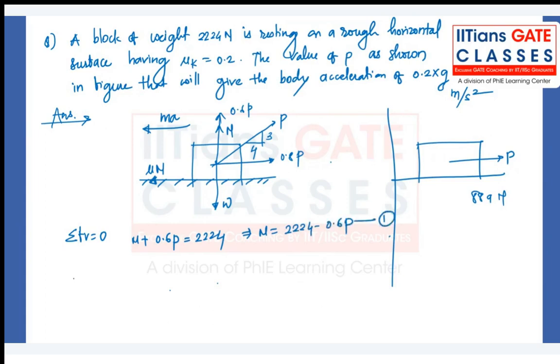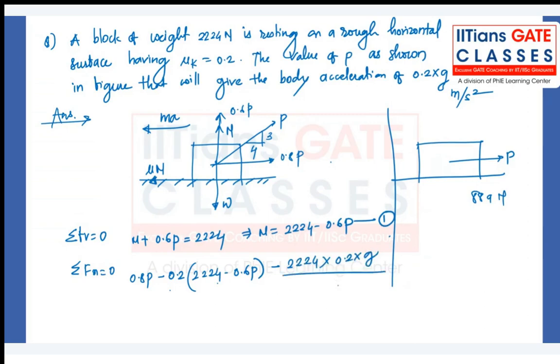Summation of all forces in the horizontal direction equals 0. If you use that, Px, that is 0.8 times P, minus mu times N, where 0.2 times N is what we just calculated, 2224 minus 0.6P, minus mass times acceleration, 2224 into 0.2 into g, and since this is weight, you divide by g, equals 0.